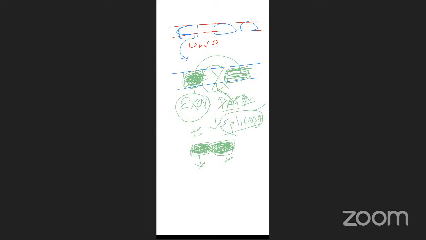Most of the introns begin with GT in this region. They begin with the sequence guanine, thymine, or guanine uracil. They end with AG.